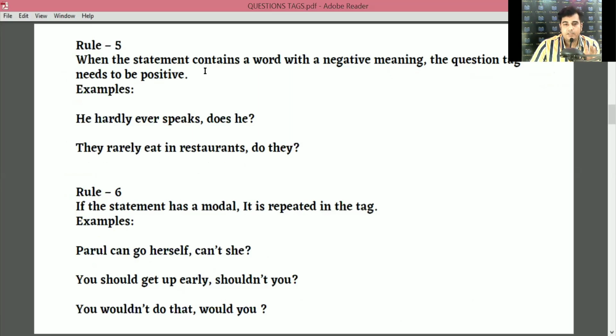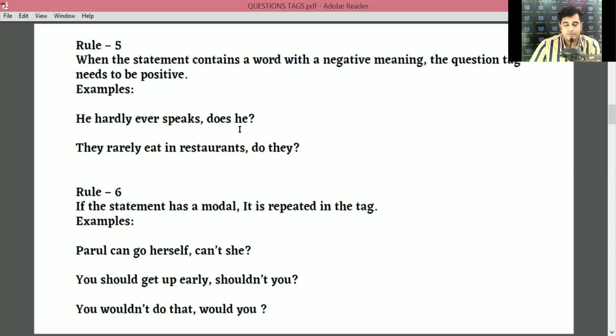When the statement contains a word with a negative meaning, the question tag needs to be positive. He hardly ever speaks, does he? He hardly ever speaks means there isn't any kind of negative sentence. Okay? But we are talking about statements, so scarcely means rarely we speak.